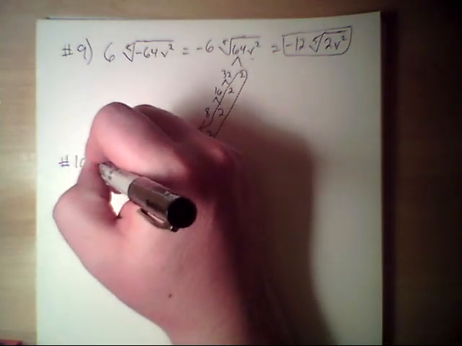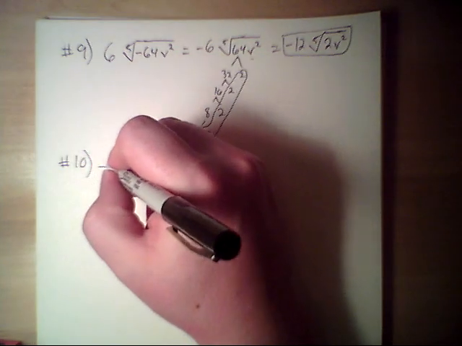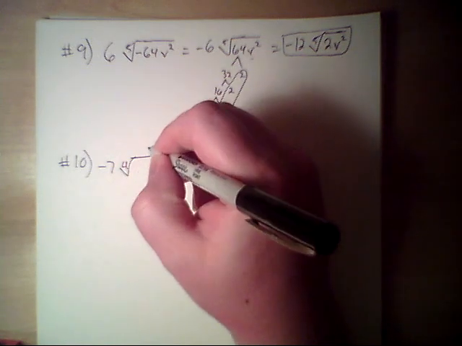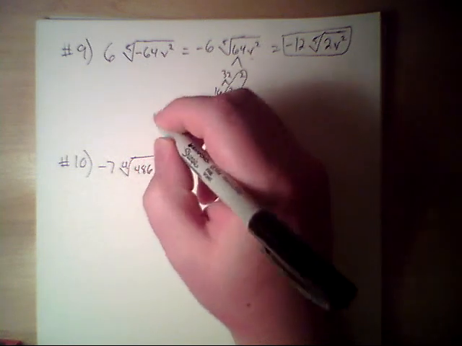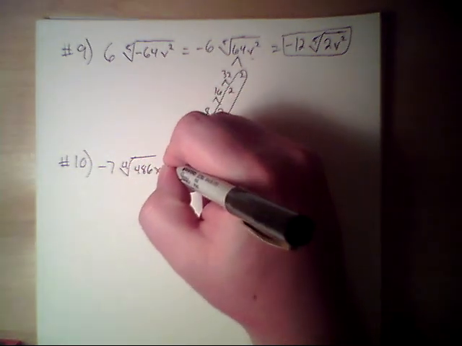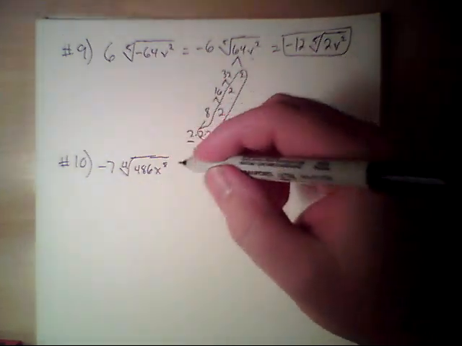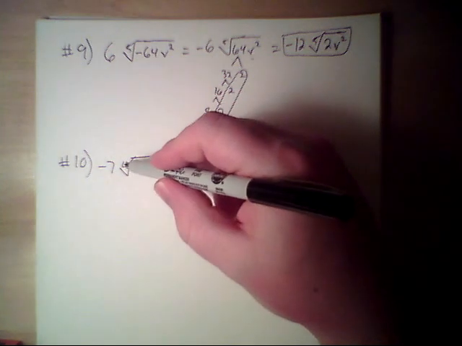Number 10. We have -7 times the 4th root of 486 x to the 8th. Okay, so let's see. We have an x to the 8th, and 8 is greater than 4.